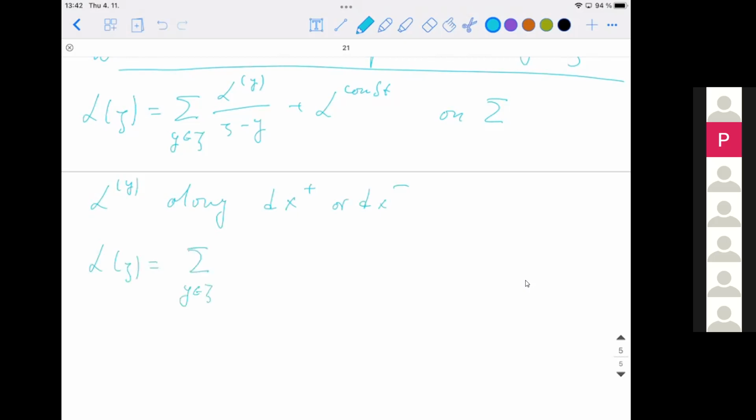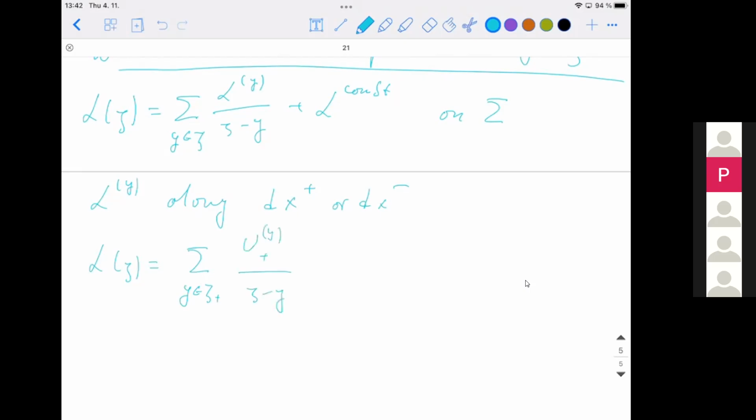Zeros on, which is called this plus x plus and zeros along the x minus direction. So this happens.